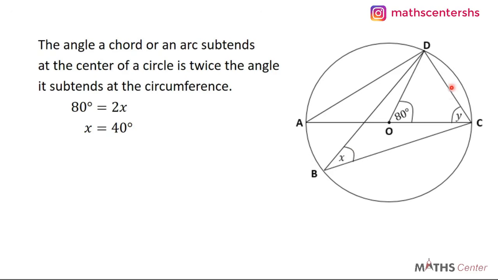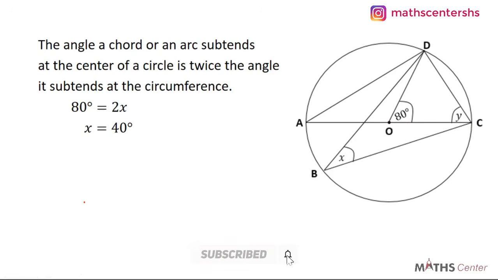Now let's look at a way to find Y. Let's study the diagram very well. We can see that OC is a radius, and OD is also a radius.